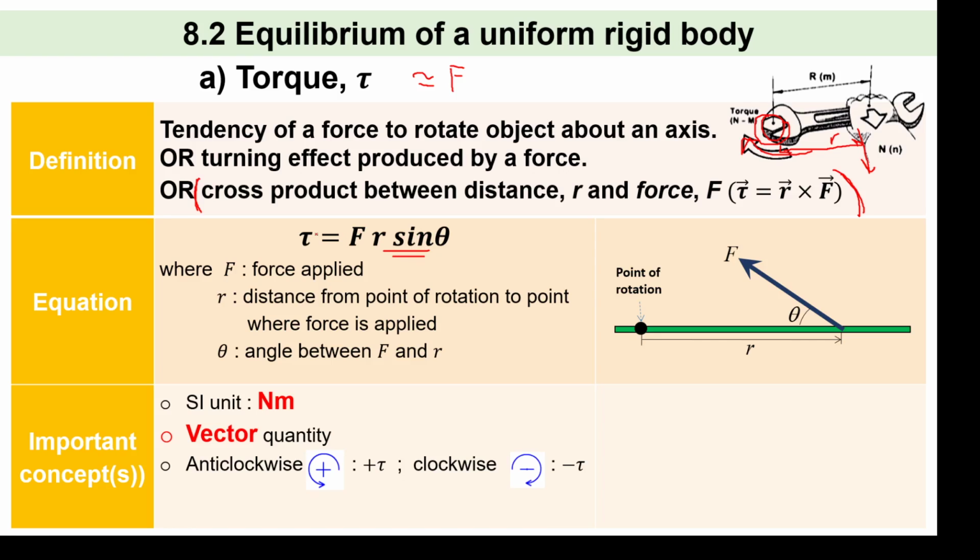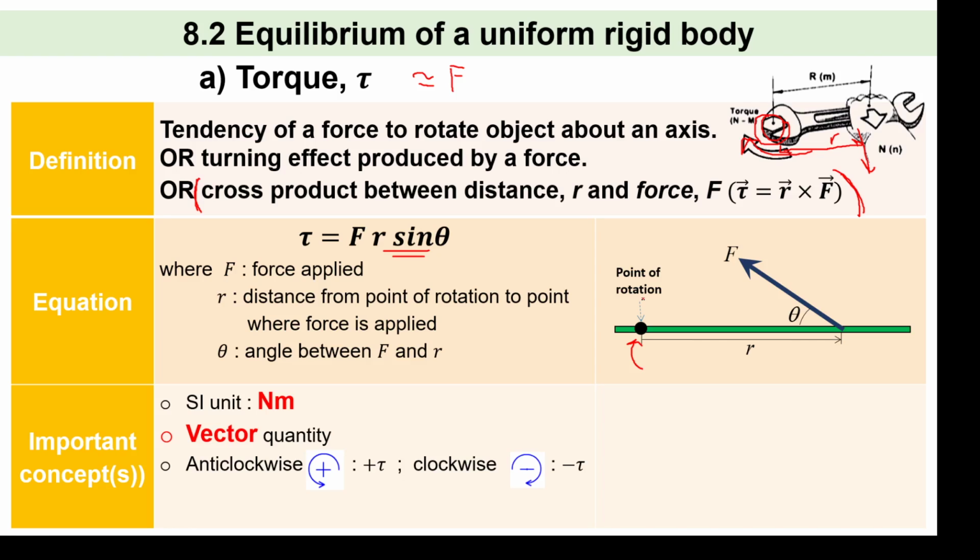Here F is the force applied, r is the distance from the point of rotation to the point where the force is applied, and theta is the angle between the force and r. Instead of calling it the point of rotation, we call it the pivot point.